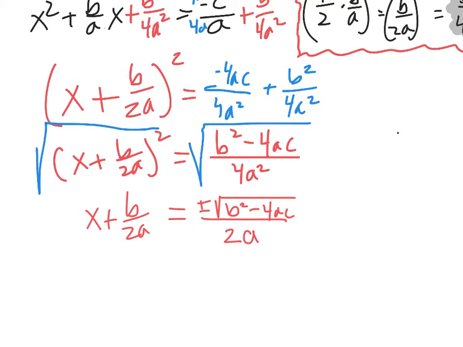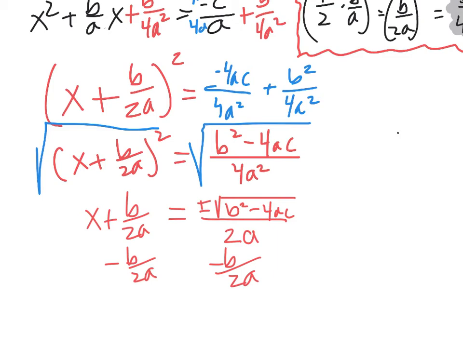So we're getting real close. We're almost there. So we're trying to solve for x. So we're going to need to subtract b over 2a from both sides. Remember, a, b, and c are just the numbers from that original equation.